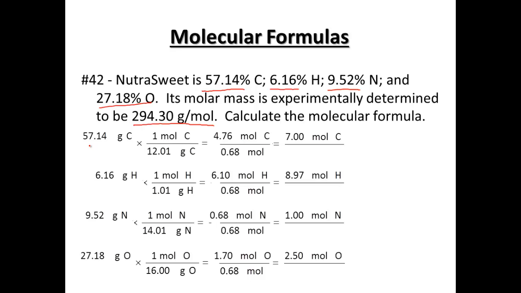So first off, we're going to assume 100 grams, so 57.14 grams carbon, 6 grams hydrogen, 9.52 grams nitrogen, 27.18 grams of oxygen. So as we're going, using the periodic table to get our molecular mass, we convert grams to moles, so grams will cancel grams.